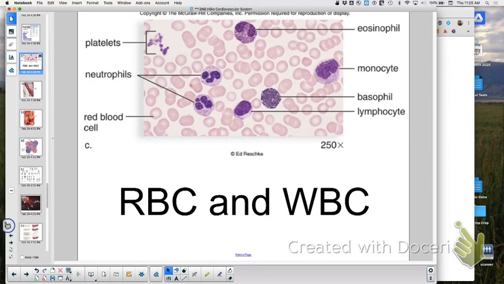All right. Red blood cells contain hemoglobin and function in what? Oxygen transport.